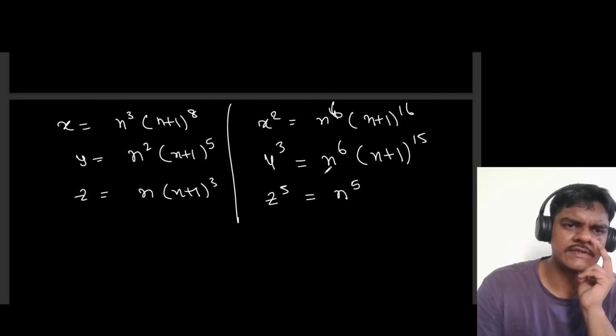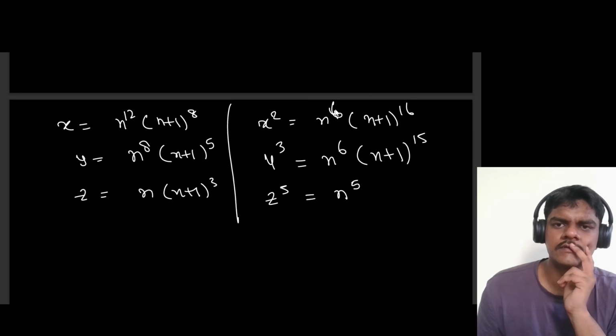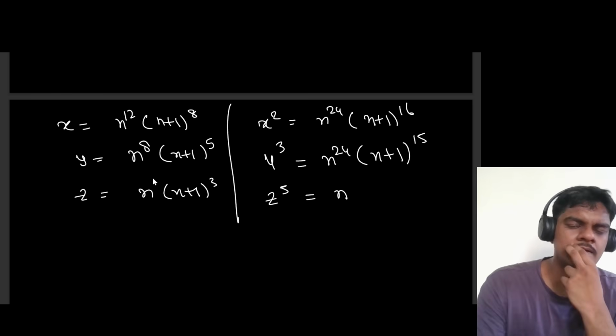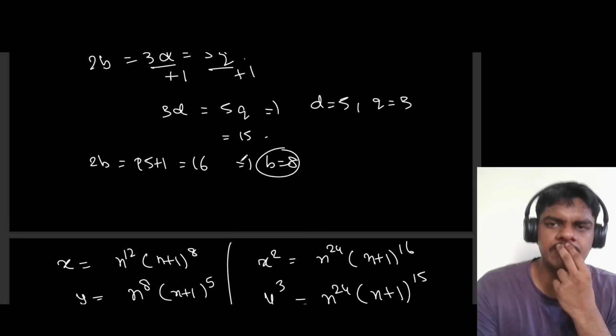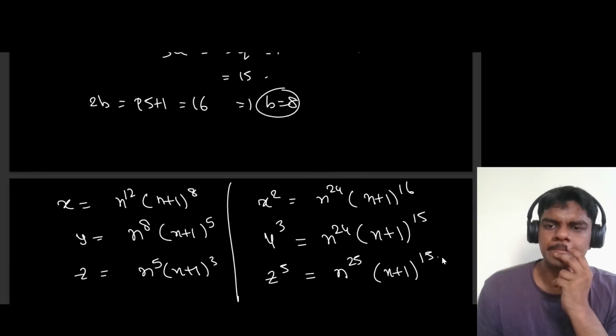A is equal to 12, c is equal to 8. 12 square 24, 8 cube 24. P is 5 already. So this is n power 25 into n plus 1 whole power 15.